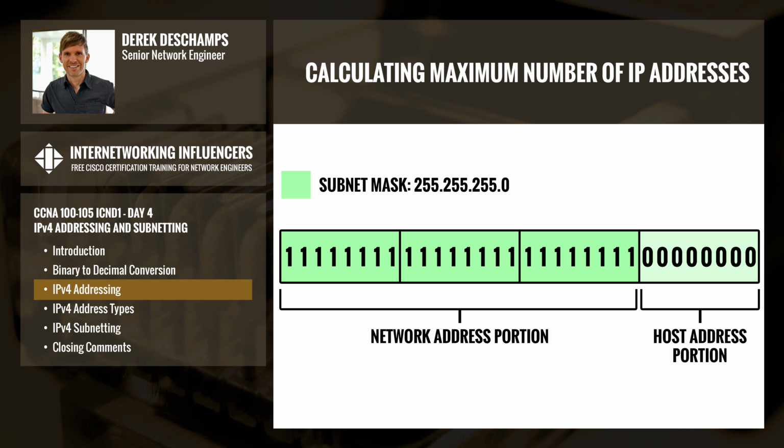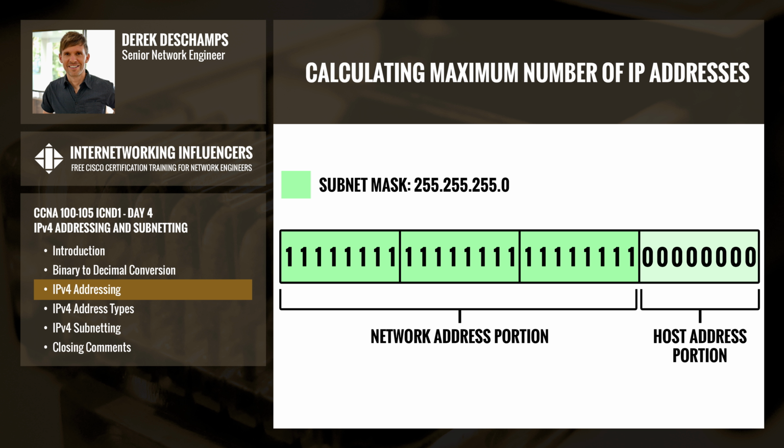The number of bits used in the subnet mask to identify the network address directly affects how many bits are available to identify hosts on that network. This means the longer the subnet mask, the smaller the network.